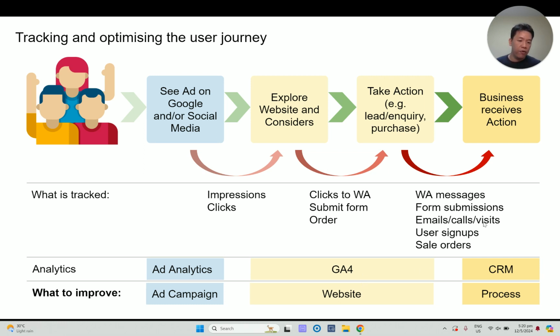And of course, for the final portion of the data, the actual messages, submissions, signups, and things like that, if your website is an e-commerce enabled website, a lot of this information, such as user sign up and sales orders, would be directly inside your e-commerce website backend. Otherwise, some businesses would have set up their own CRM.